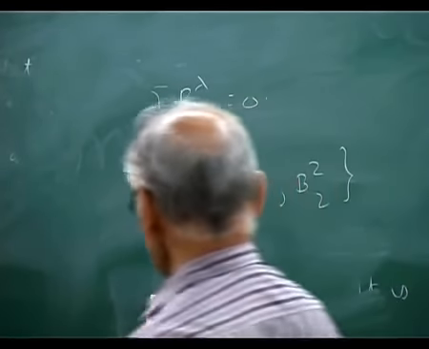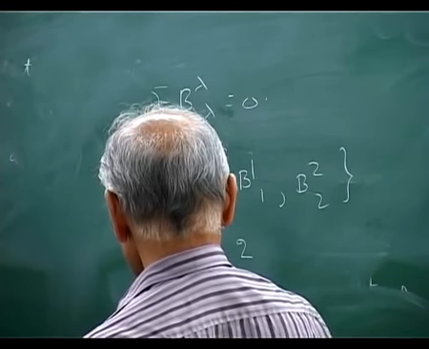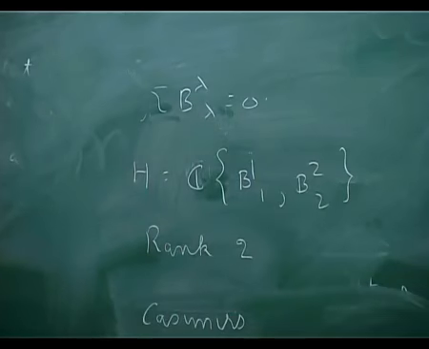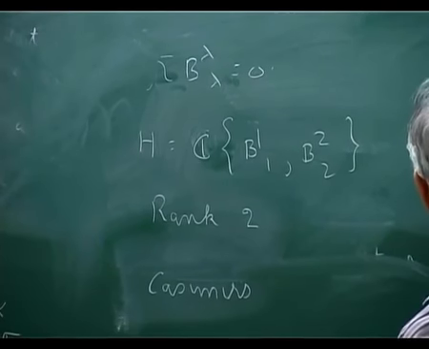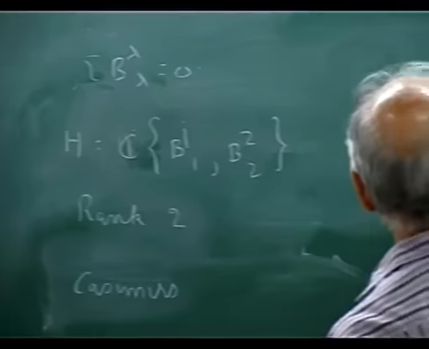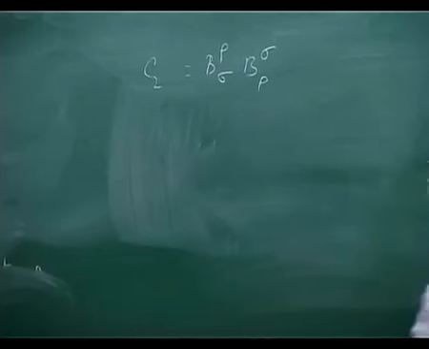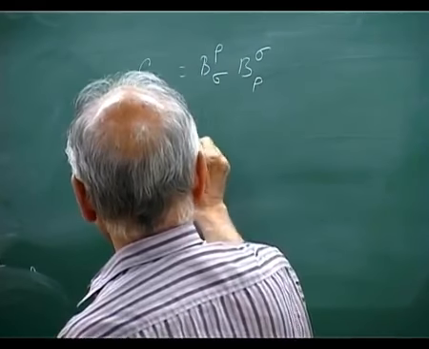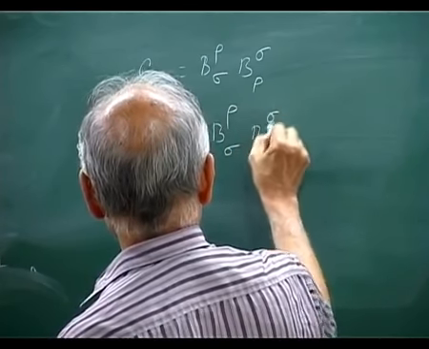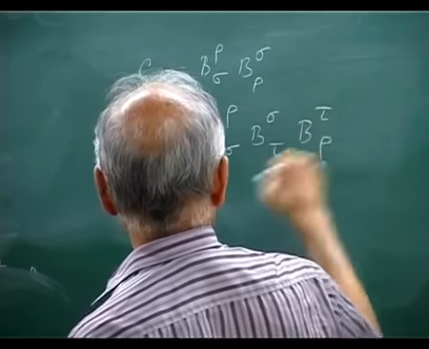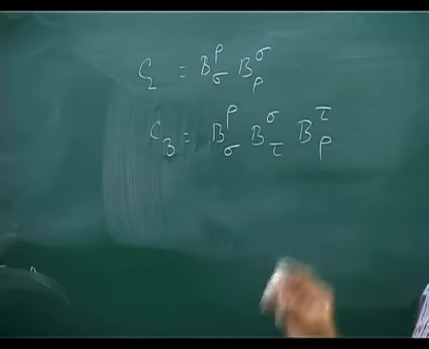So there are 2 Casimirs. One is C2, which is B_rho_sigma B_sigma_rho. The second one is C3, which is B_rho_sigma B_sigma_tau B_tau_rho. The rest are dependent on the previous ones.